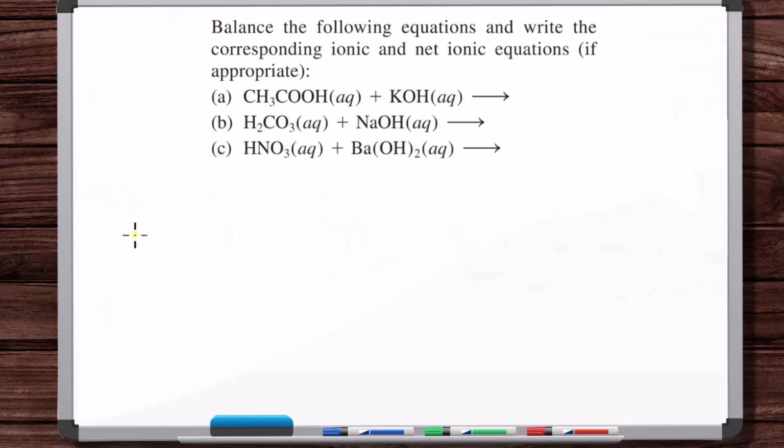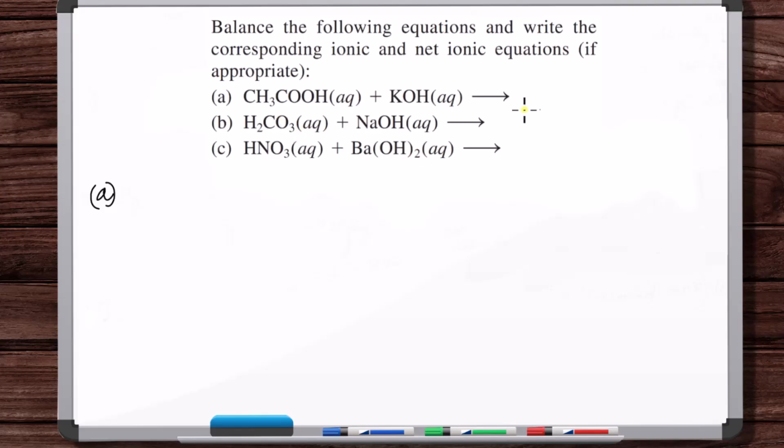Well, we're going to start off with the molecular equation. We're not thinking about breaking up anything into ions no matter what. So the whole weak acid, weak base idea doesn't come into play with the molecular equation, because we're starting off with acetic acid and potassium hydroxide. Both are aqueous. They're both dissolved.